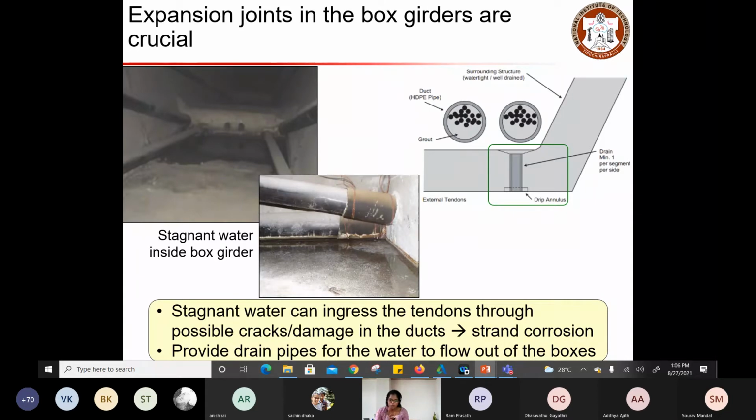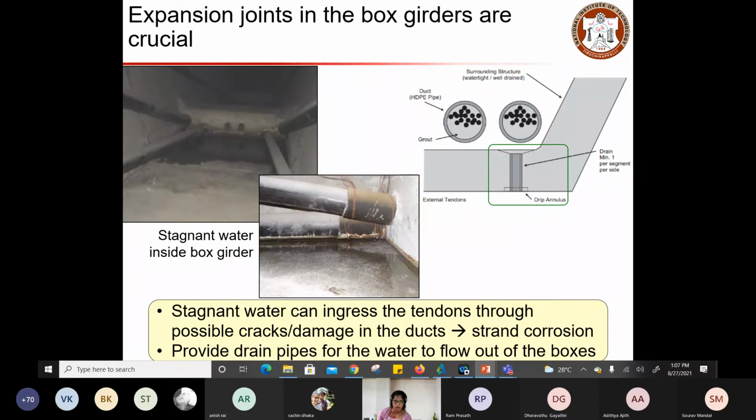So you need to provide some joints for it, so that any expansion can be counteracted, to avoid stress concentration. So to avoid the stress concentration due to expansion, we provide expansion joints at the junction, basically the joints between the segments. So here is one such thing.